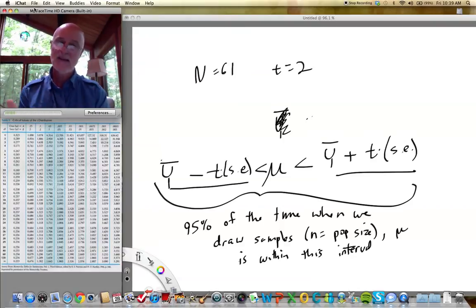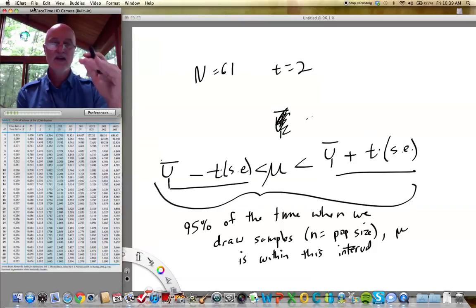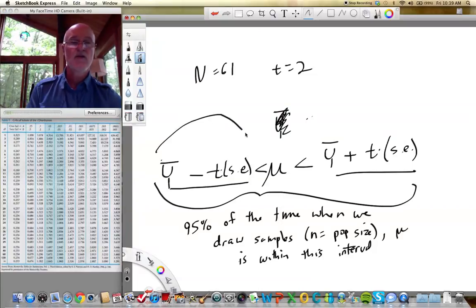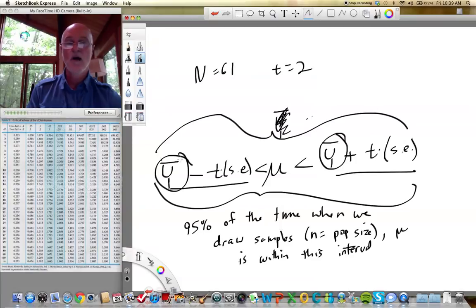So classically, we typically present data with confidence limits that define an interval that includes 95% of the time we would be correct in saying mu is within that range. Okay, so the confidence interval is in fact giving us a degree of confidence in our estimate of y bar.